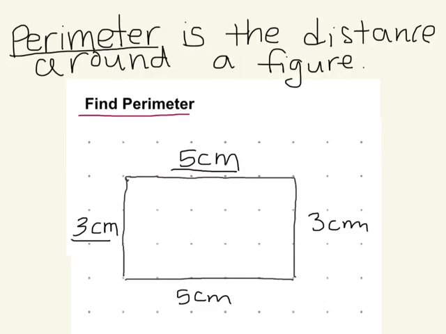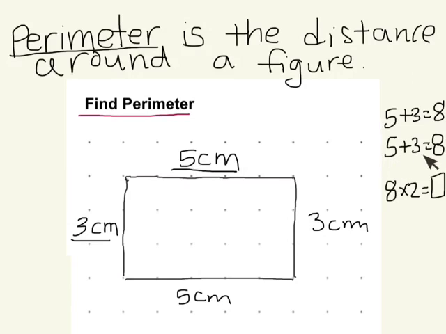I would like you to press pause, see if you can figure out what the perimeter is, and when you're ready, press play to check your work. All right, let's see how you did. I noticed that I had my 3 and 5 centimeter sides, so I added those together to get 8 centimeters. I also saw the opposite sides were 5 and 3 centimeters, and I added those together and got another 8 centimeters.